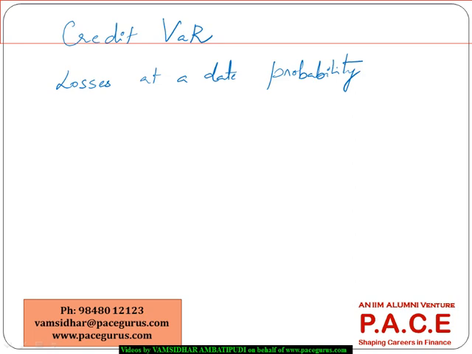But the main thing we see is that when we talk about credit-related risk, the time horizon will be much larger. For credit risk, we generally talk about default over a 1 year, 2 year kind of period, whereas that's not the case with market-related risk.